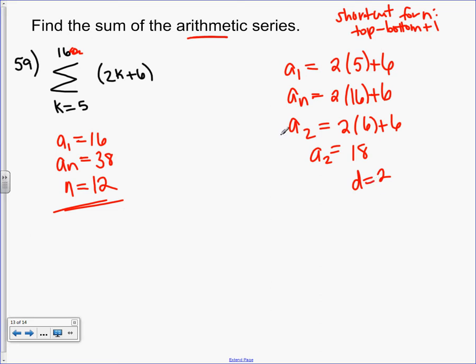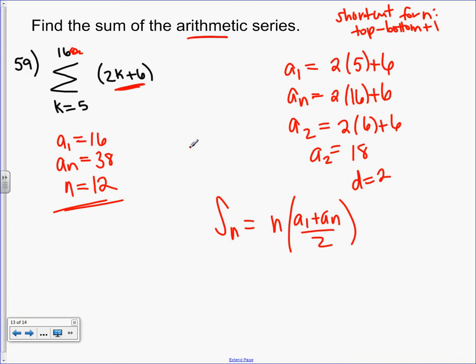Okay? So this again means sum. So S sub n equals n, a sub 1 plus a sub n over 2. We had enough information to just go there. I'm sorry, where are you at? This one? The formula says 2k plus 6.